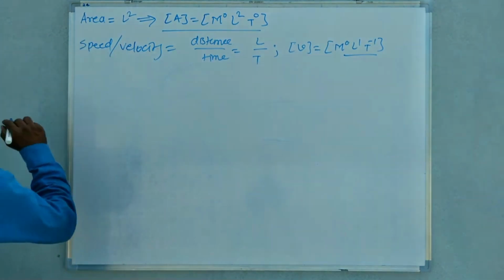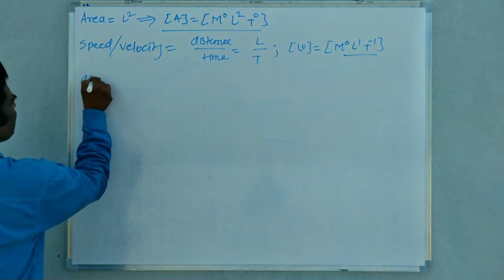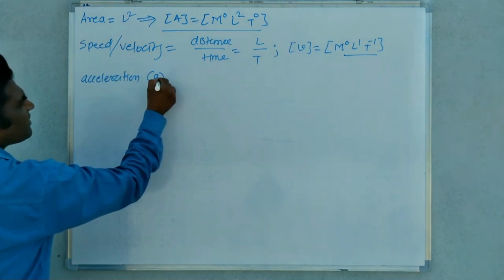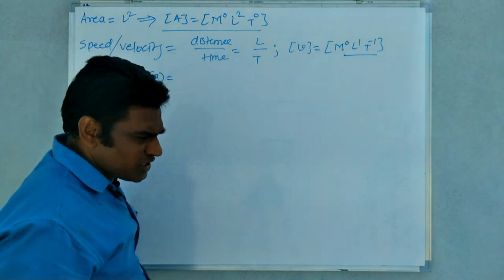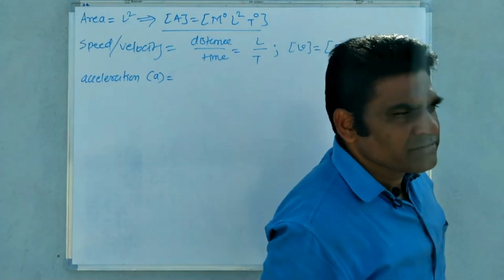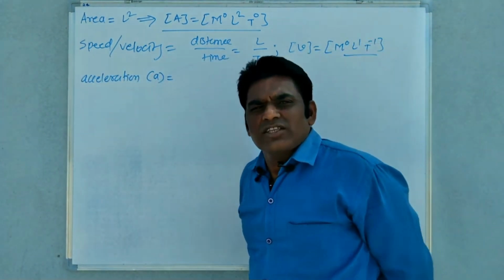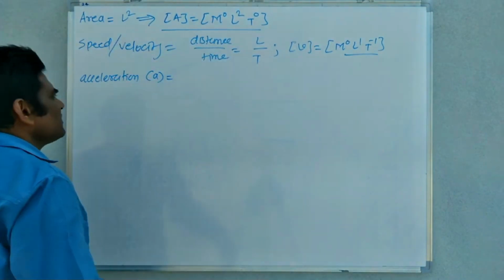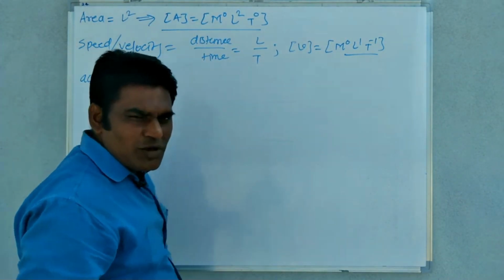Then you can have acceleration, A. What is acceleration? You have studied it in 10th standard, yes or no? Tell me, what is acceleration? Acceleration is the rate of change of velocity.